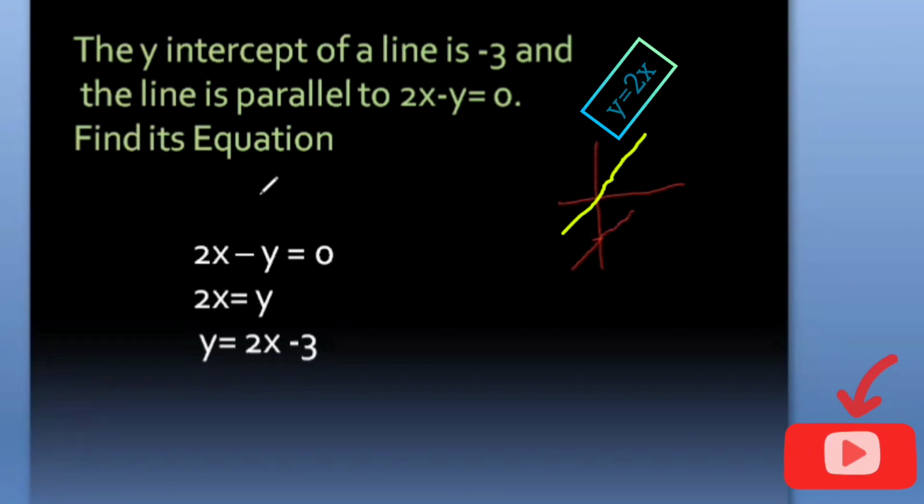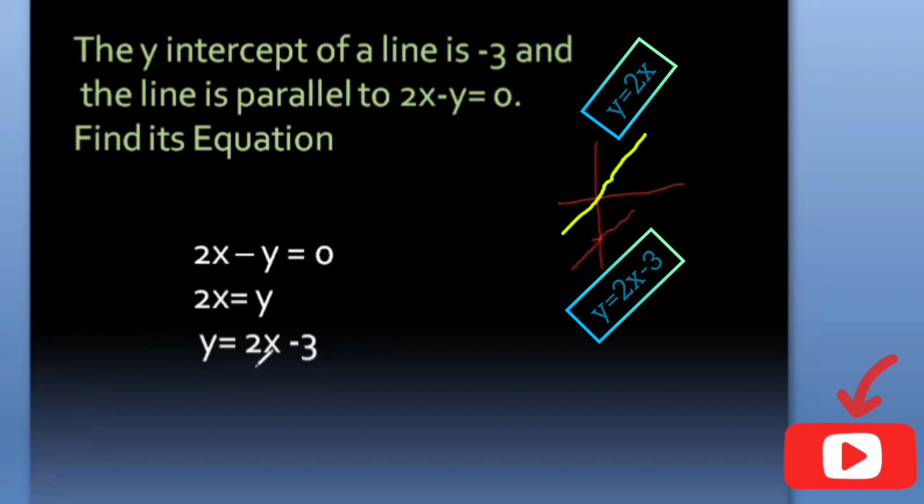Here in this question they are asking to find its equation, so I'm going to solve this equation, 2x - y = 0. I change this equation into slope-intercept form. I place this -y on the other side, so it turns positive. So our slope-intercept form equation is y = 2x. Here I'm going to plug in the y-intercept value. So our equation is now y = 2x - 3.